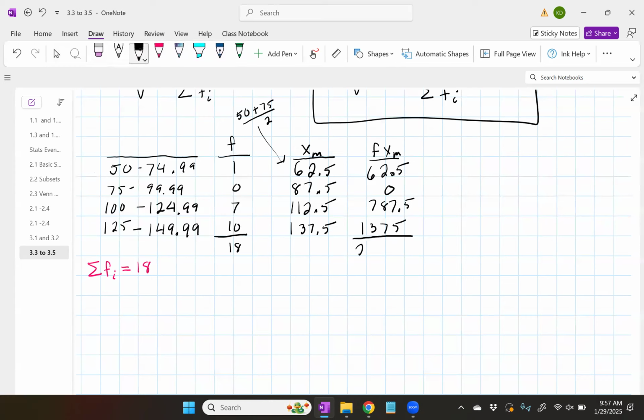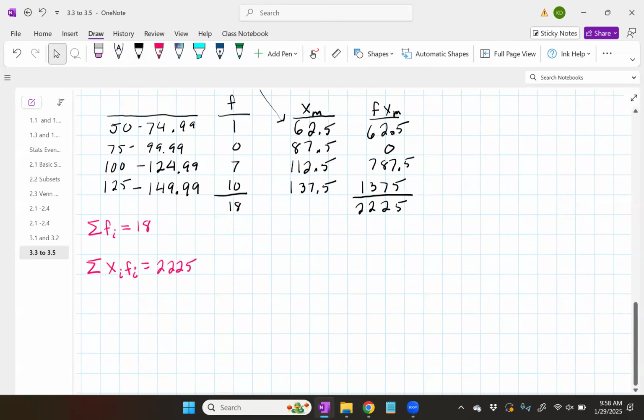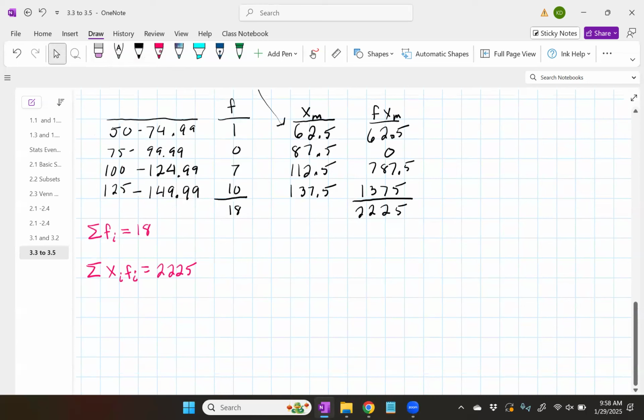I got 2225. So the sum of X sub M times F sub I is 2225. We are one step from finding our mean.